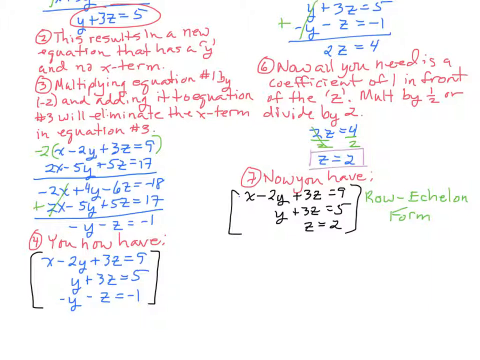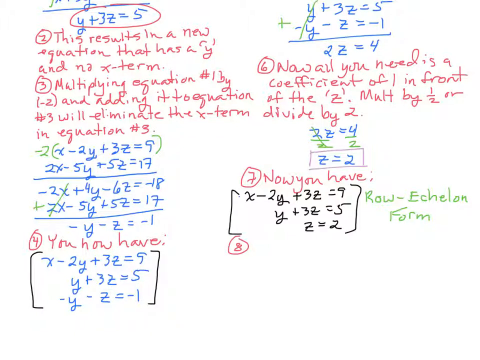So, step 8. Can't we at this point, if I know that z is 2, plug 2 into this equation and find y? And then once we know y and z, can't I plug y and z into this top equation and get x? So you're going from the bottom all the way up to the top. So here we go. 8. You're just doing reverse substitution.